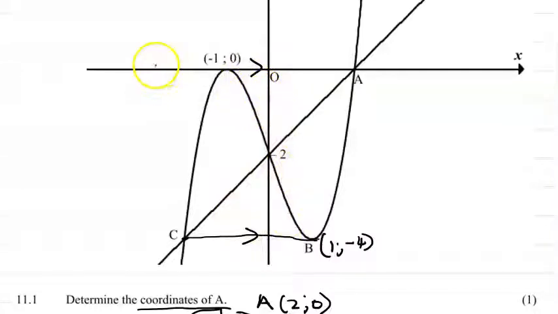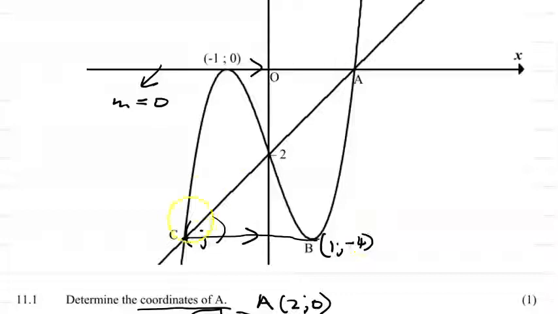Now we know that this line over here is a horizontal line, so the gradient is equal to 0. So if we can find the coordinates of C, and if we can show that the gradient of BC is equal to 0, and remember the gradient of BC will equal 0 if it has the same y coordinates, right? If it has the same y coordinates, then the gradient will be 0.